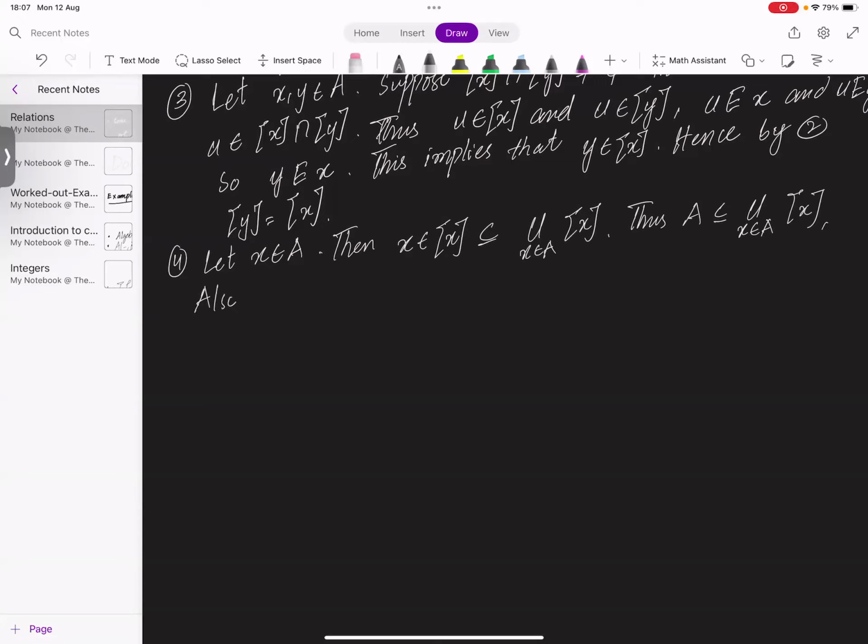Also, this union is also a subset of A. Hence, A can be written as the union of all the equivalence classes for all the elements inside A. This is a proof of the theorem.